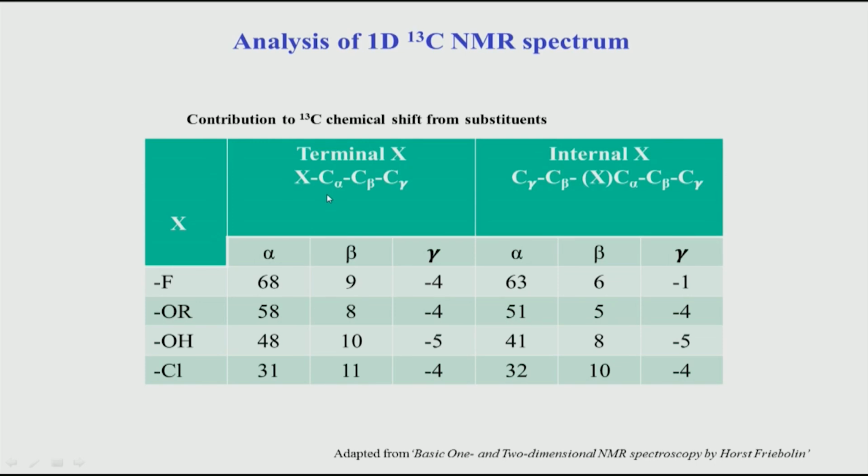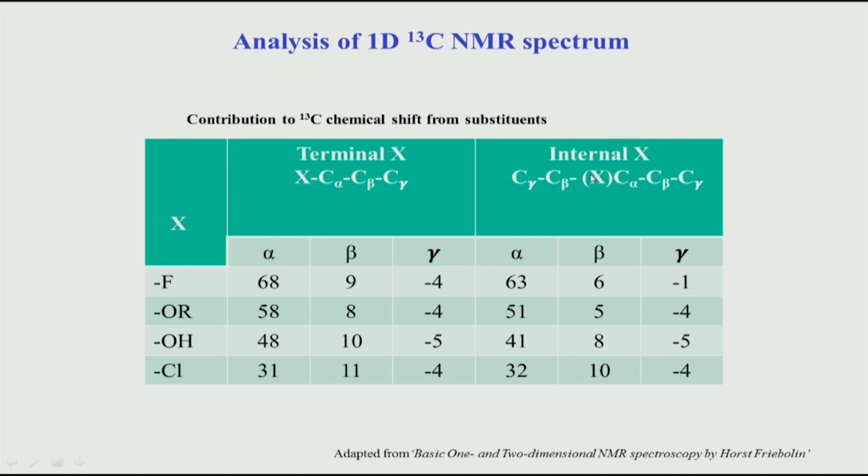The base value was shown in the previous slide, and this slide contains the contribution values, which both have to be combined. Similarly, if you have an OH group substituent at this position, you add 48 ppm to the base value. For C beta, with an OH present here, you add 10 ppm to the base value. So, like this you can do it.